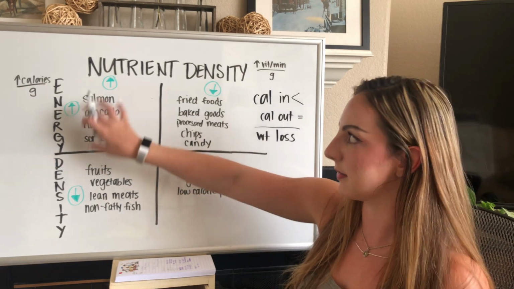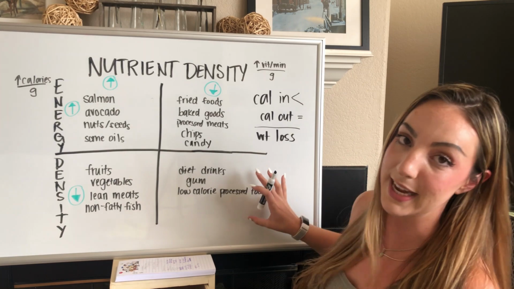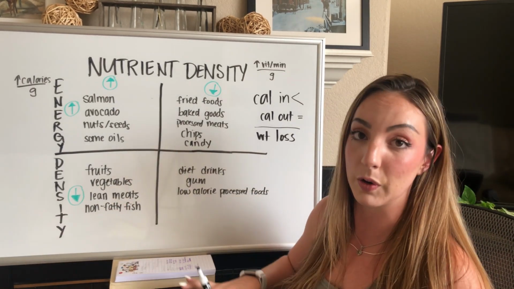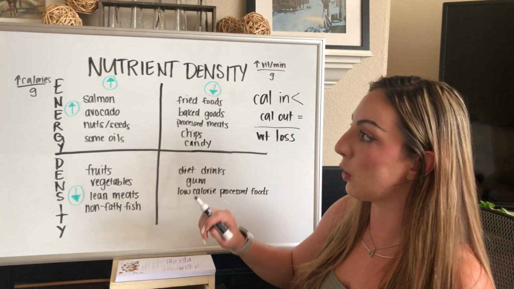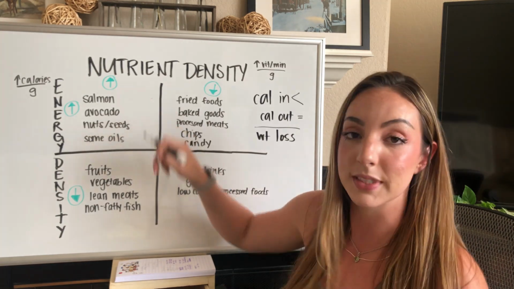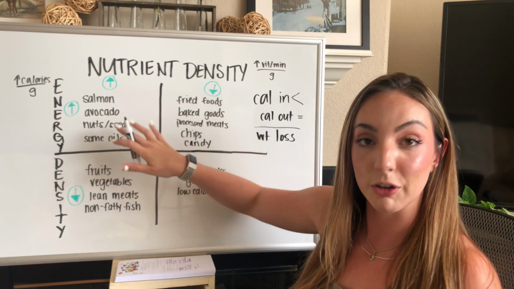So on this matrix here, our low calorie foods are going to be the ones that are less energy dense, right? So we have fruits, vegetables, lean meats, non-fatty fish. Those are all great. We can focus on those foods more and also incorporate some higher energy dense foods sometimes. Obviously, we don't want to cut all these things out because they're great for us, right?